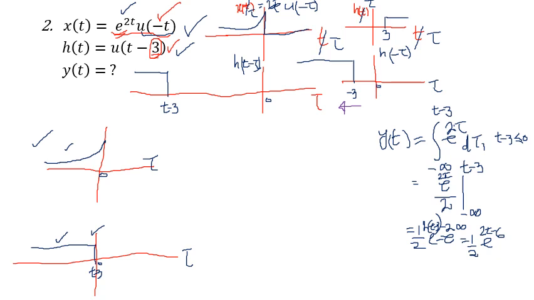Okay, for the second interval, you can easily observe that if I move the signal towards the right, the upper limit will now be fixed, and that is 0.